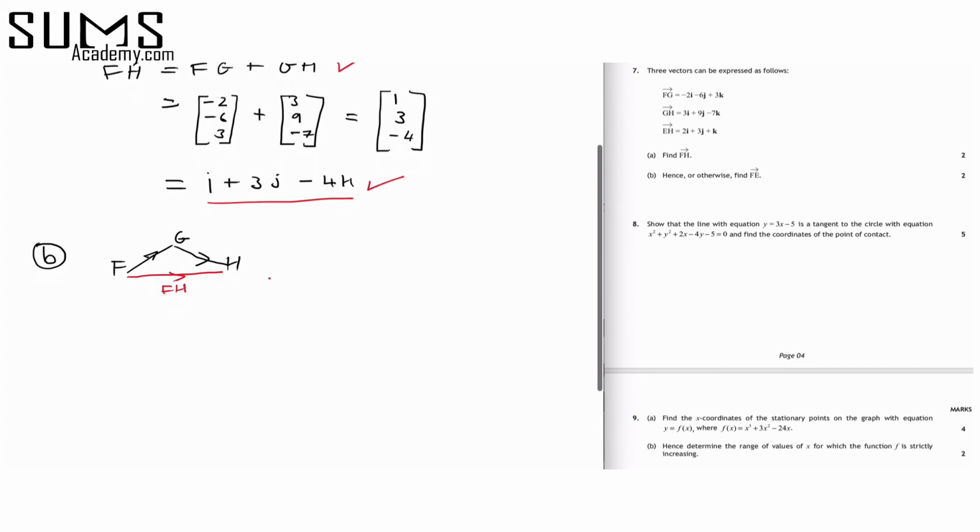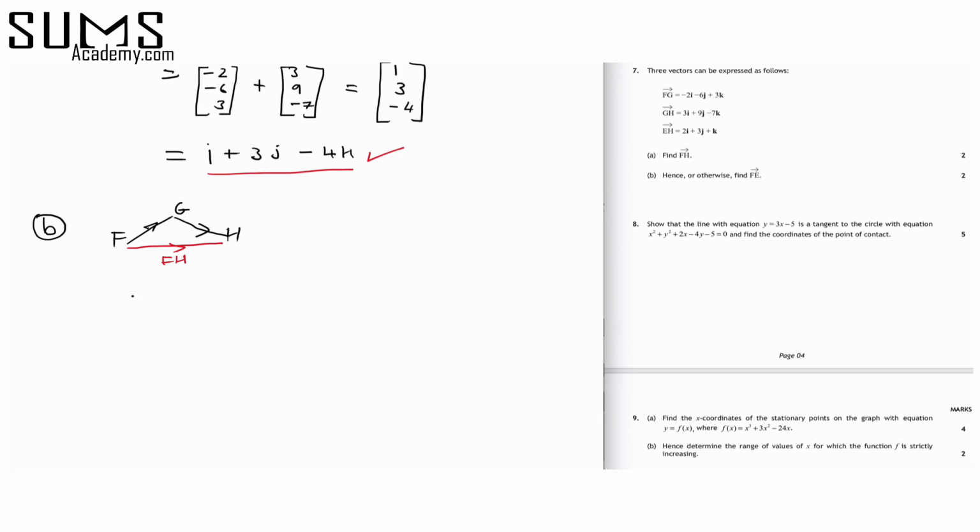And now the question's asking us, what is FE equal to? Okay, but we know that H and E are connected, but it's the other way around. So we're going to have an E term out here, but instead of it going from H to E, we can see here it actually goes from E to H. Goes up along here.